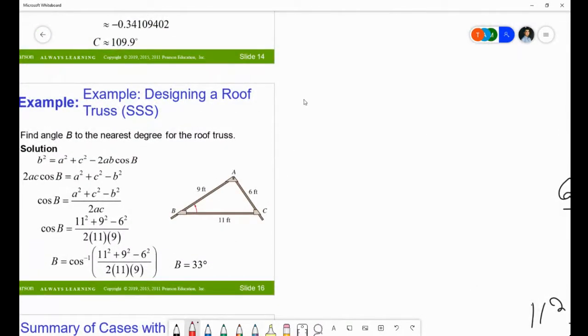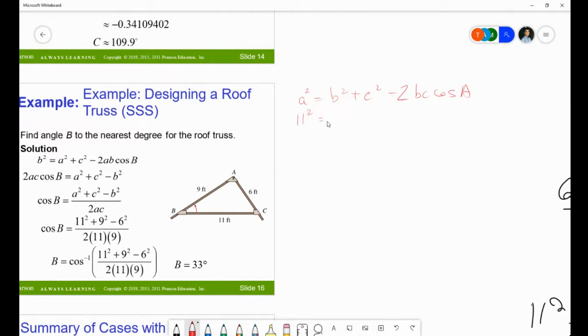So here we're going to set it up. We want to solve for angle A. So side A squared would be b squared plus c squared minus 2bc cosine of A. If I want to solve for angle A, I'm going to plug in everything and then just solve for it.